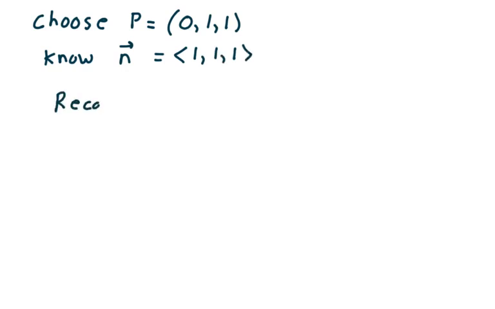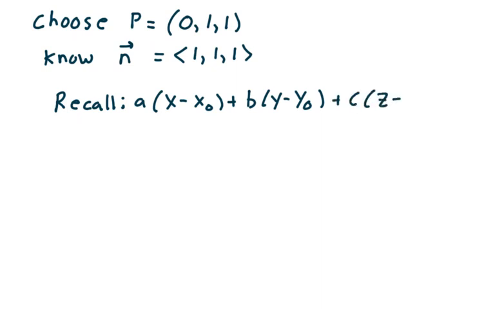Recall, we have A times (x - x0) plus B times (y - y0) plus C times (z - z0) equals 0. Now, A is 1. I'm looking at the normal vector. B is 1, and C is 1.